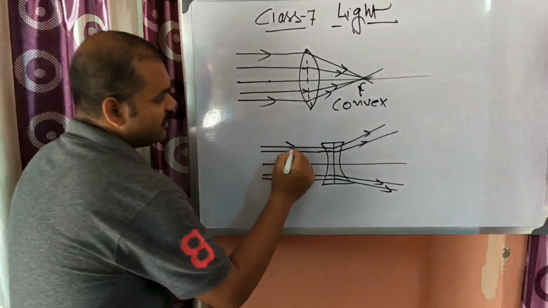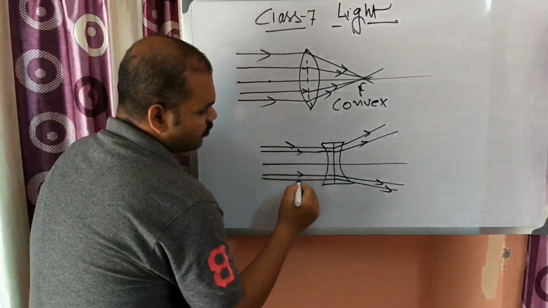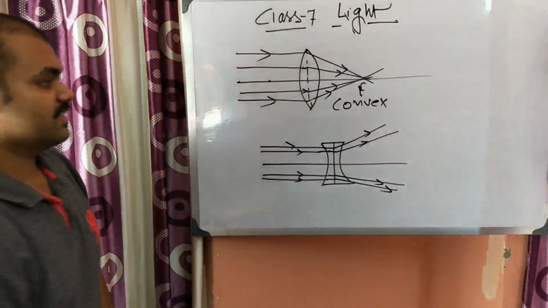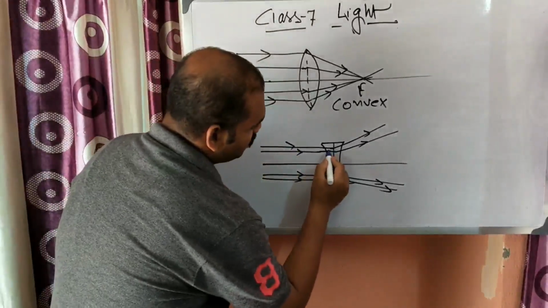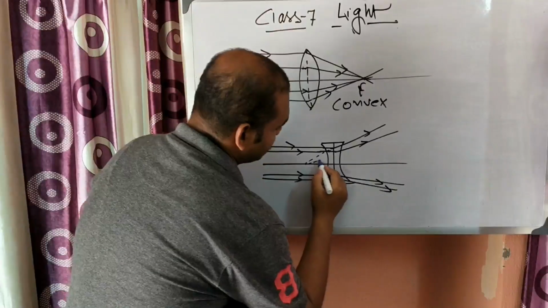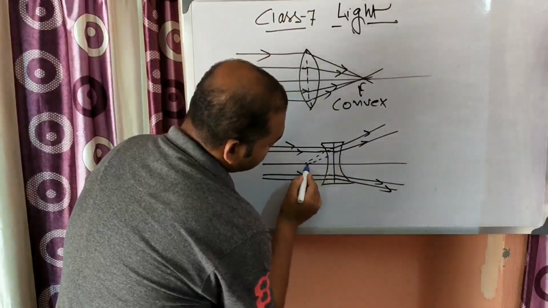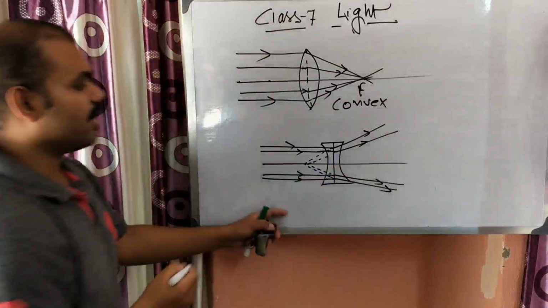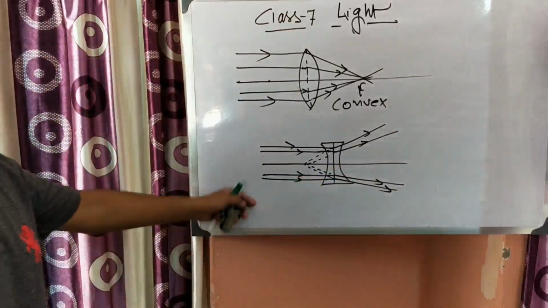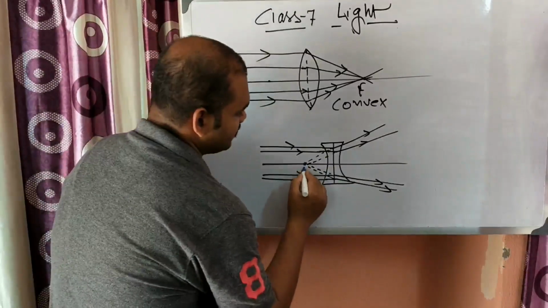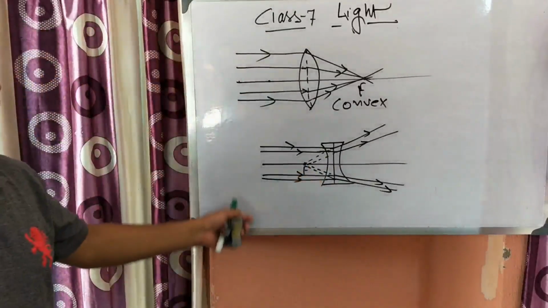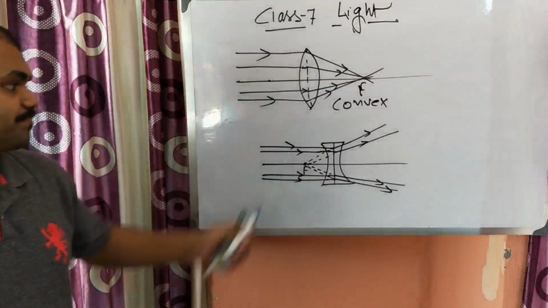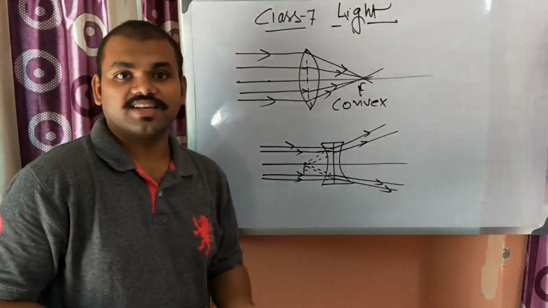That's why it is known as a diverging lens. The rays appear to diverge from a particular point on the principal axis, and this one is known as the focus or principal focus of the concave lens.